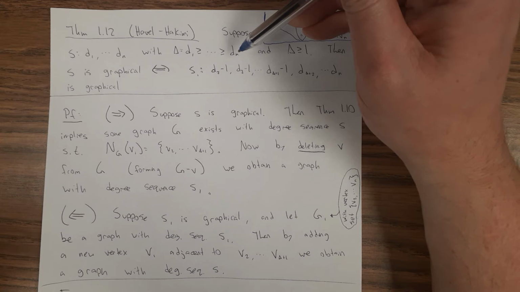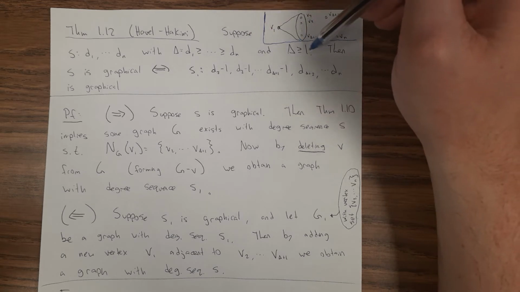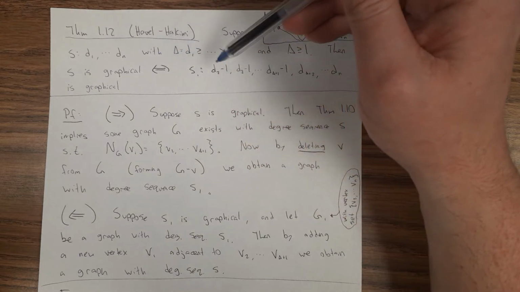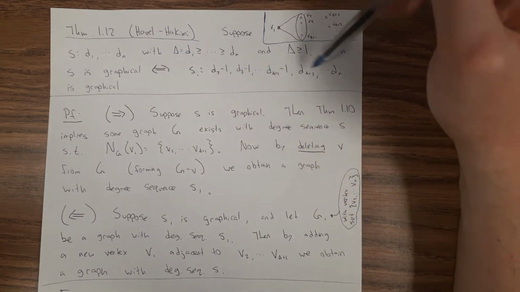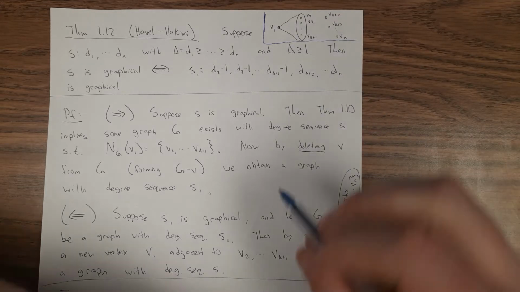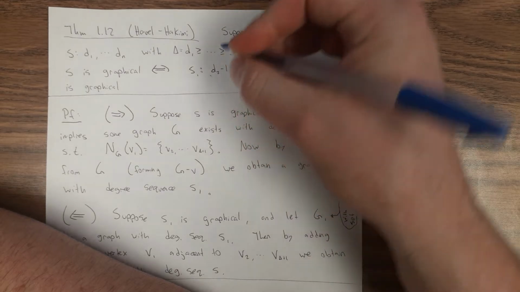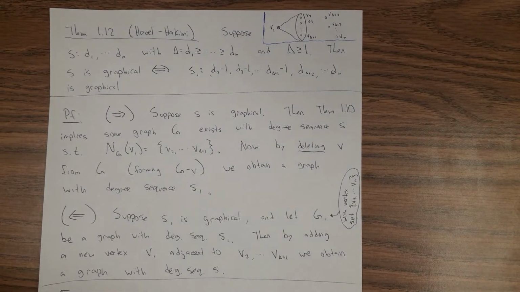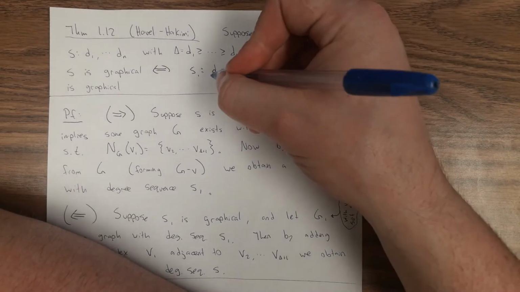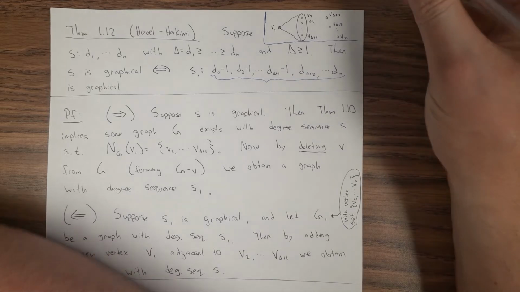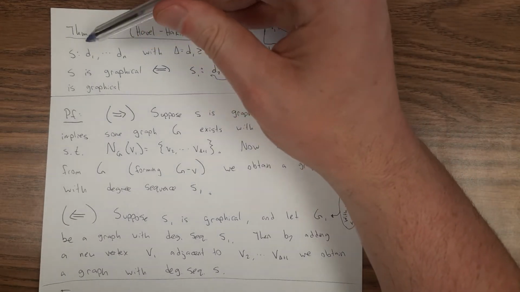And the way you can tell whether such a thing is graphical or not is the following. S is graphical if and only if the following sequence is graphical. It looks a little funny, so let me break it down. First of all, this is a shorter sequence than the one we started with.